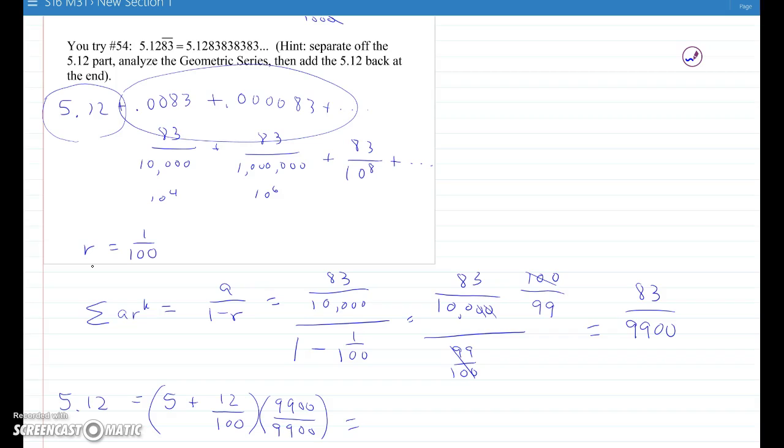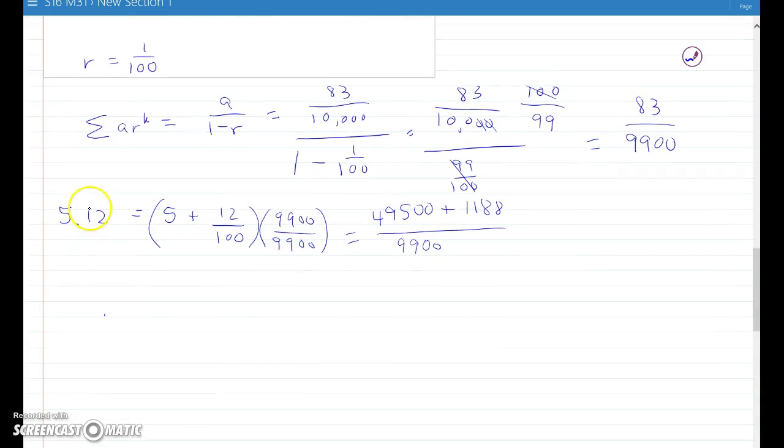Oh, here they are. I get 49,500 plus 1188 over 9,900. So then my final answer is going to be 49,500 plus 1188 plus 83 over 9,900.